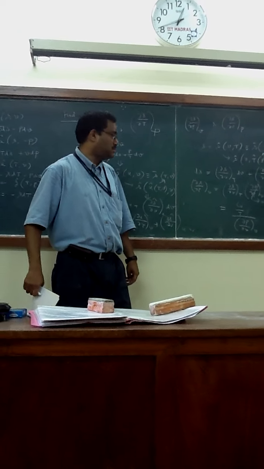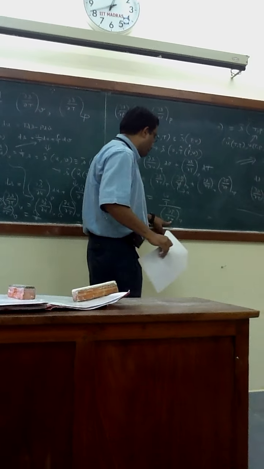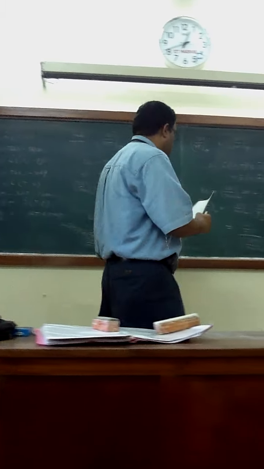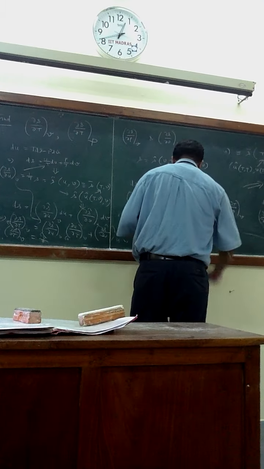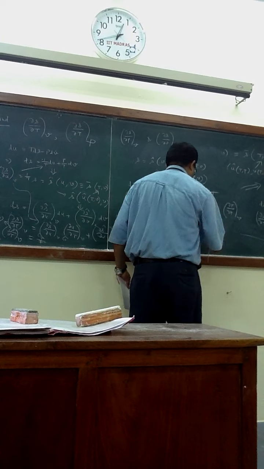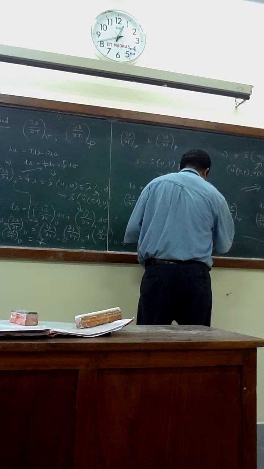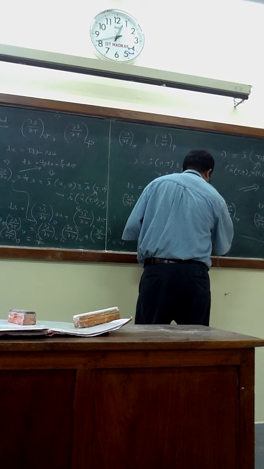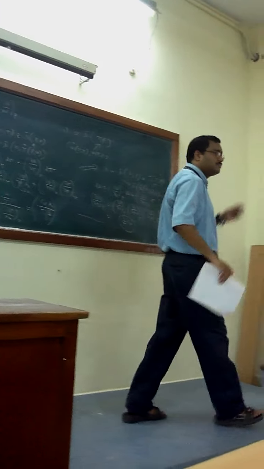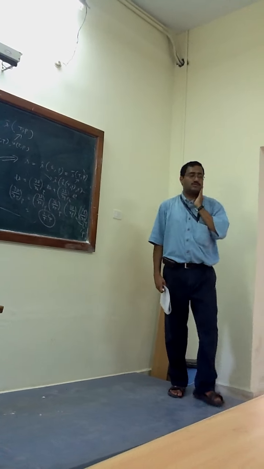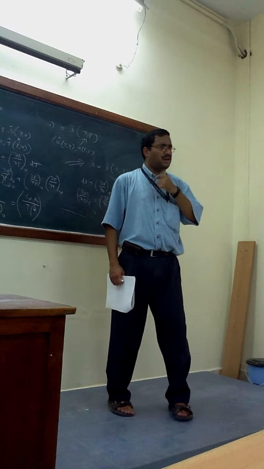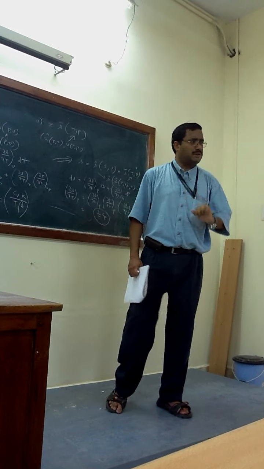What you get from here is beta by kappa. So what is the final form? Cv. Now you can see how easy it is to evaluate all those derivatives. All those things are not covered at undergraduate level in a systematic manner.